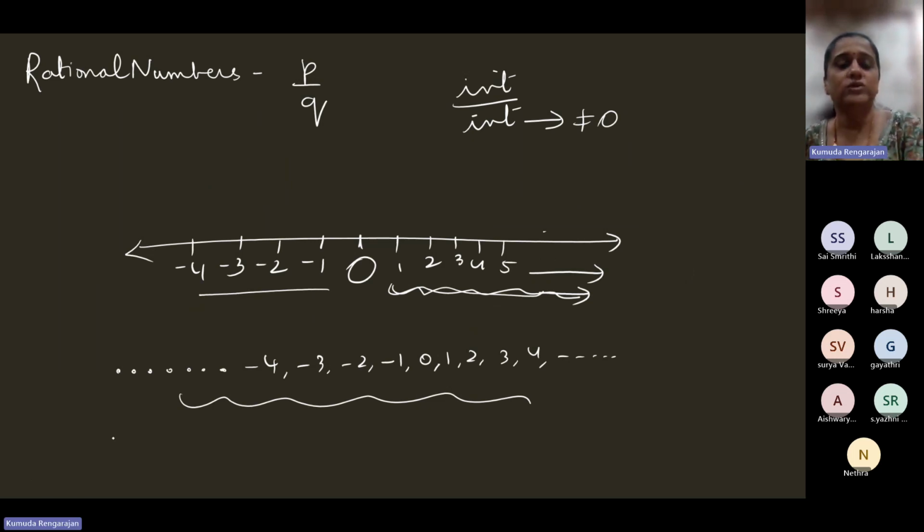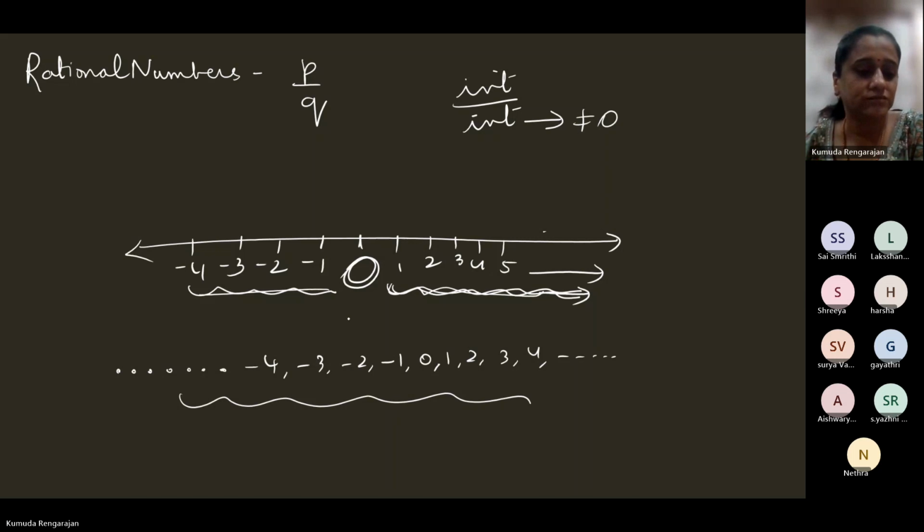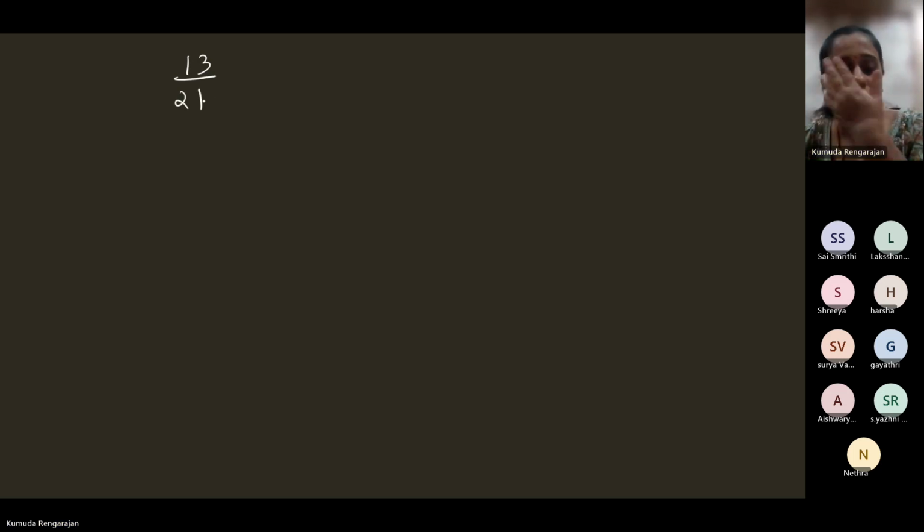So we say integer by integer is a rational number. What are integers? The collection of all natural numbers, their negatives, including 0, form the collection of integers. So a rational number is an integer over an integer. Say 13 by 21 is a rational number because 13 is an integer and 21 is an integer.